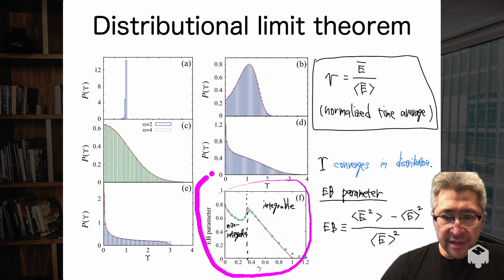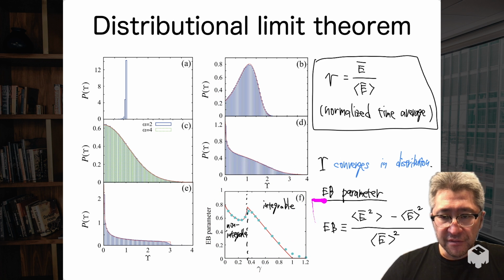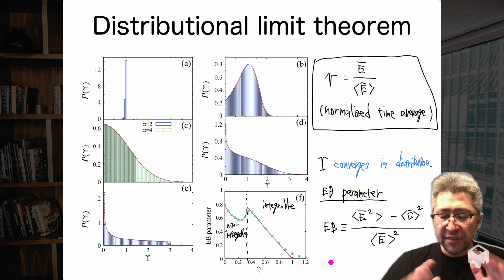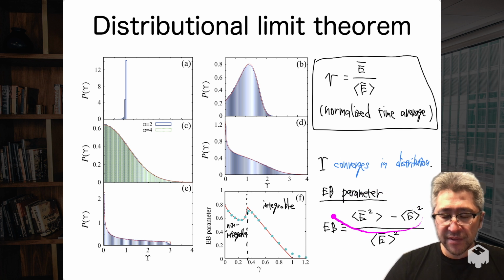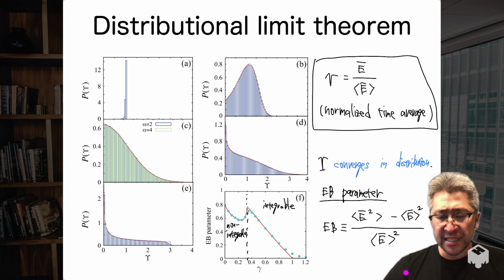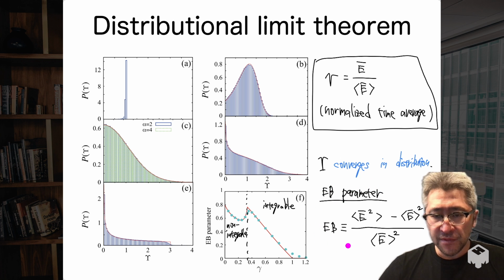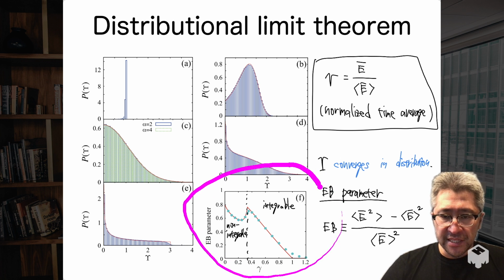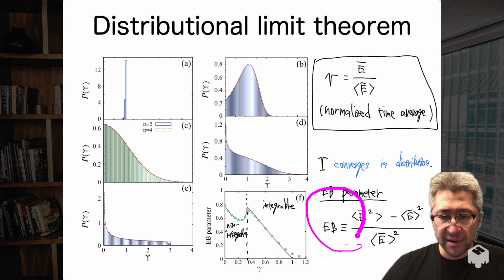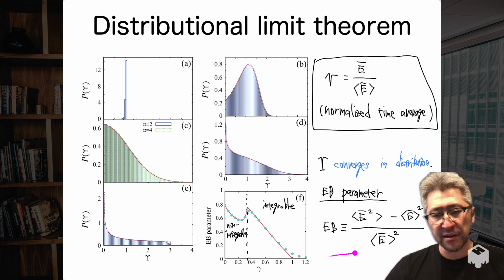And this is the ergodicity breaking parameter, the so-called EB parameter, given by the variance of the time average divided by the mean square. If the system is ergodic, this goes to 0. I mean, the time average goes to a constant. However, if ergodicity is broken, this is a non-zero constant. The line is the theory of this EB parameter, and the circles are the numerical simulation.